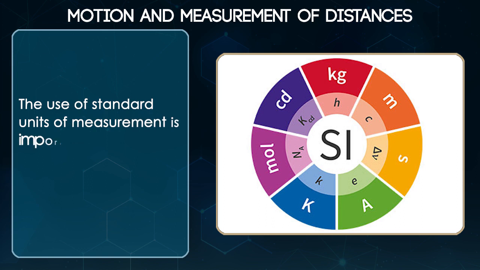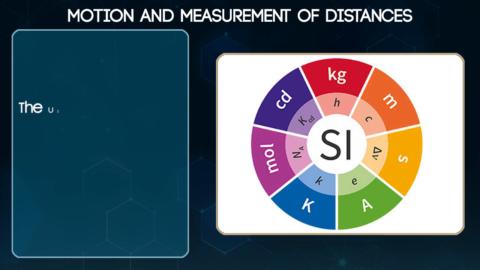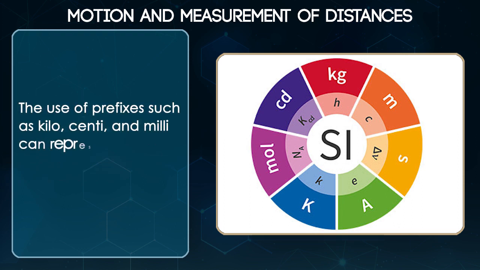The use of standard units of measurement is important for accuracy and comparability of measurements. The use of prefixes such as kilo, centi, and milli can represent large or smaller units.